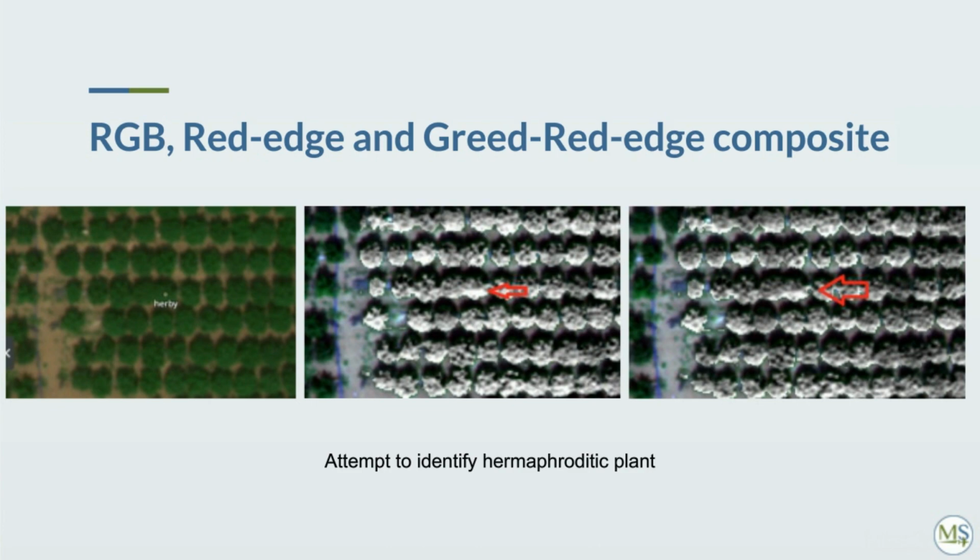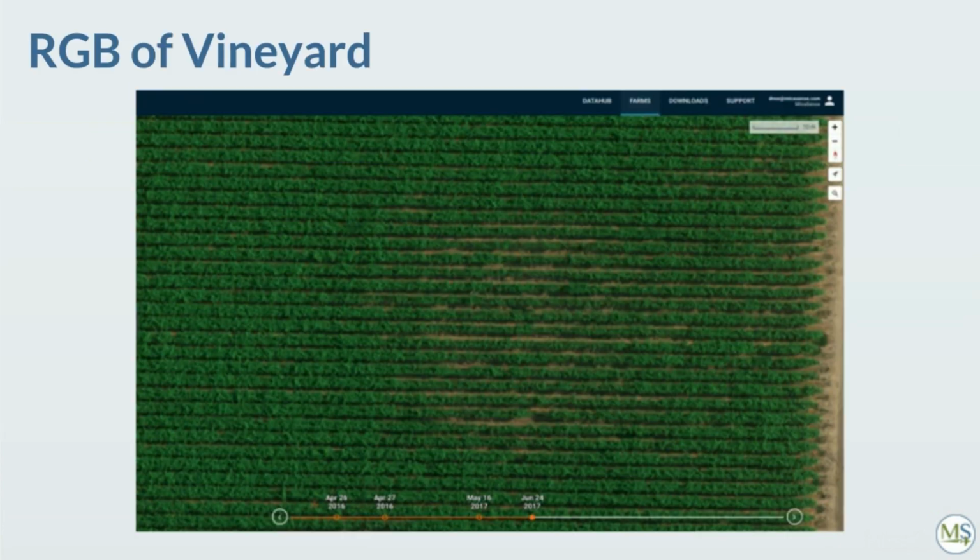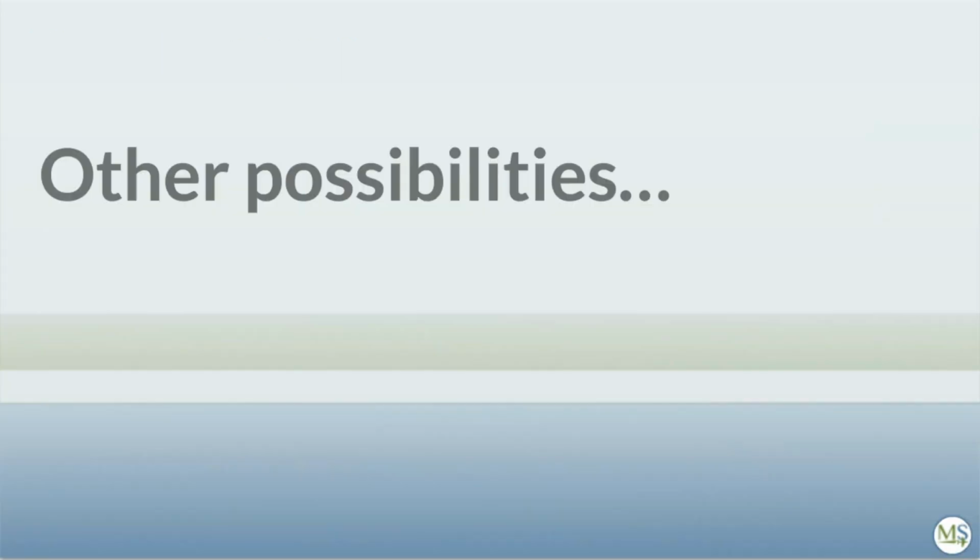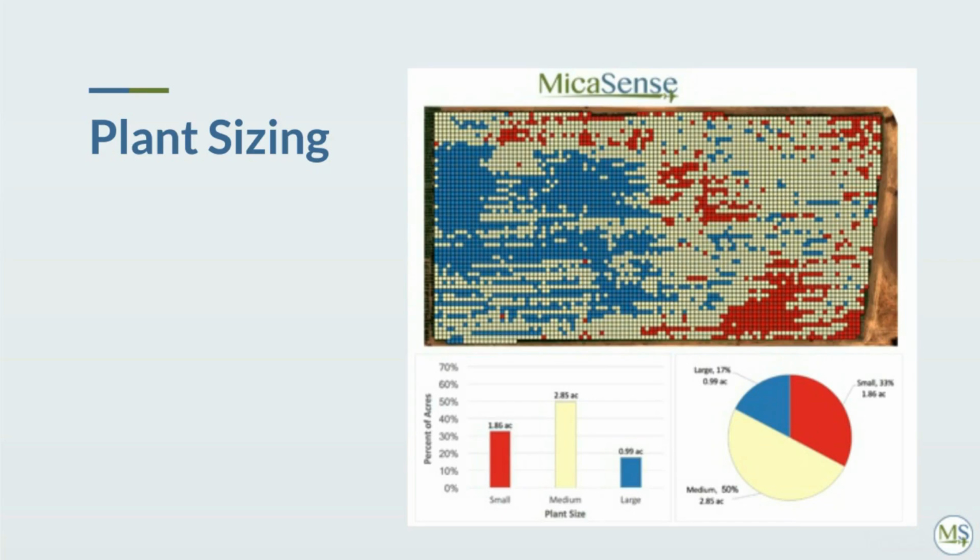Okay, so I wanted to show you just a few other things that we've done in terms of management of the field. This is more like inventory management, what's out in the field, what's the potential for harvest at the end of the season. This is a cannabis field as well. What we've done here is we've streamlined the process of identifying small, medium, and large size plants.